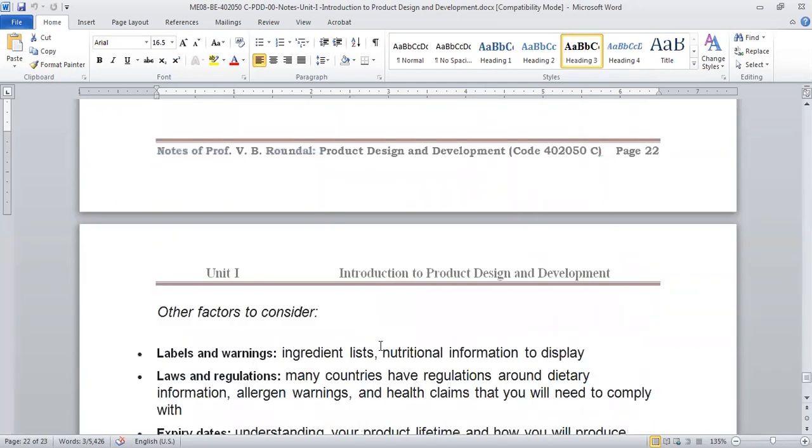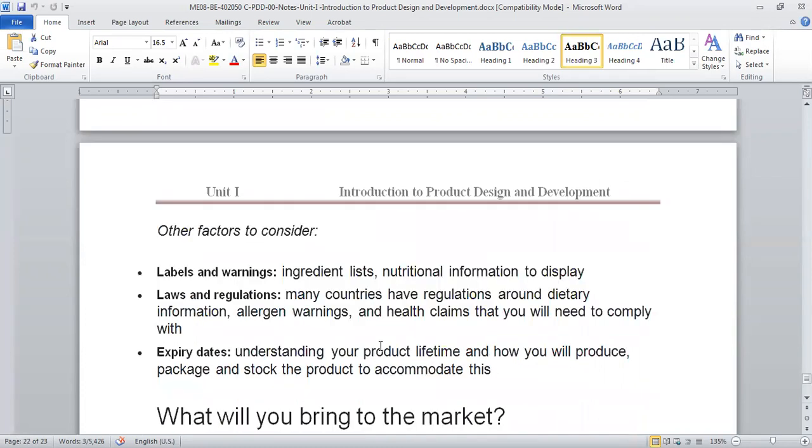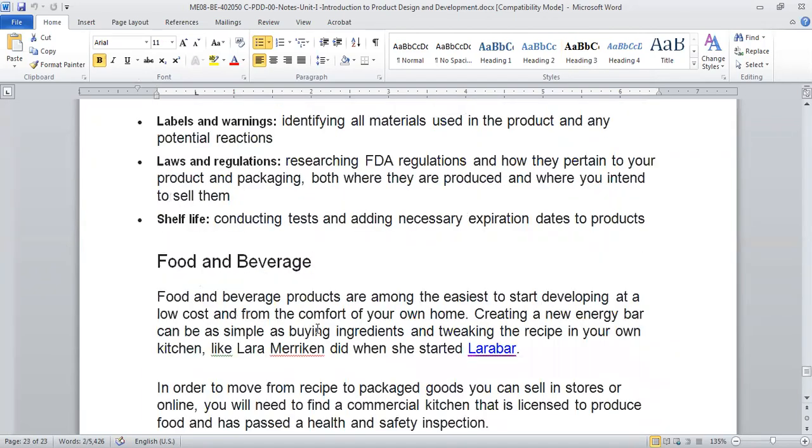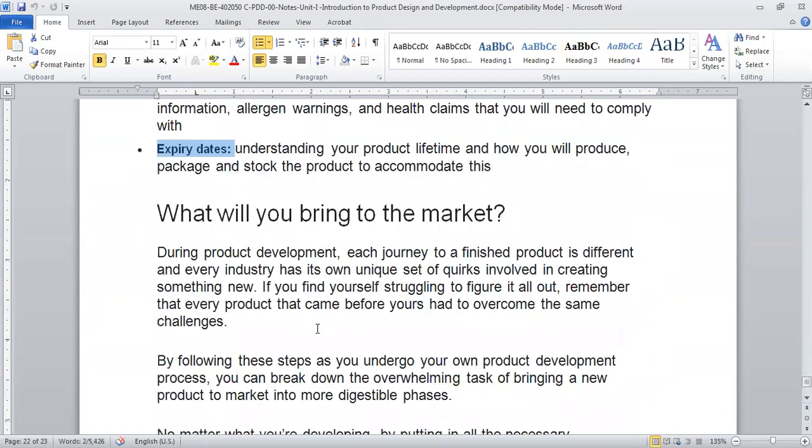Different labels and warnings are on food product packages. We have to put all the labels: what it consists of, the calorie content, laws and regulations, expiry dates. These things we have to remember while designing food and beverage.